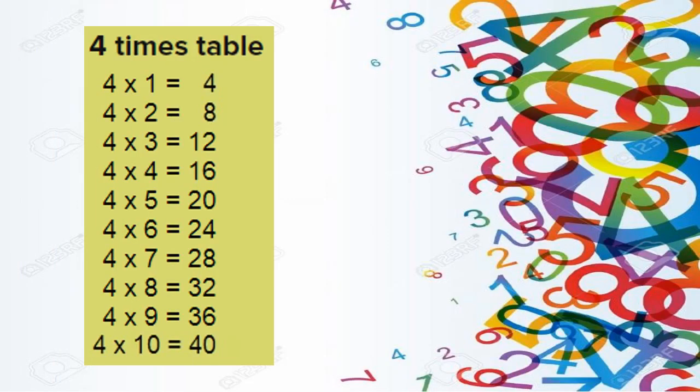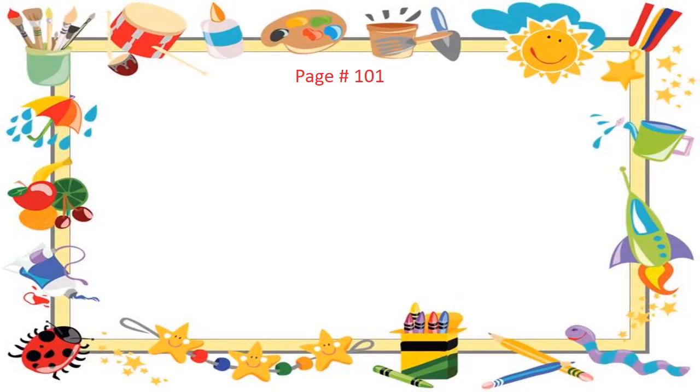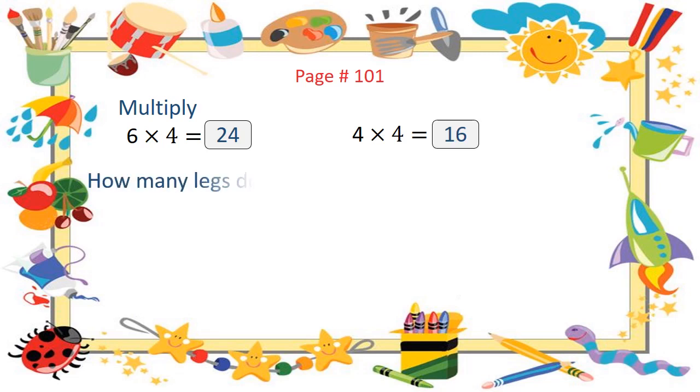With the help of counting in 4s, you can write table of 4, and now you easily learn it. After learning the table of 4, you can answer 6 4s are 24 and 4 4s are 16.